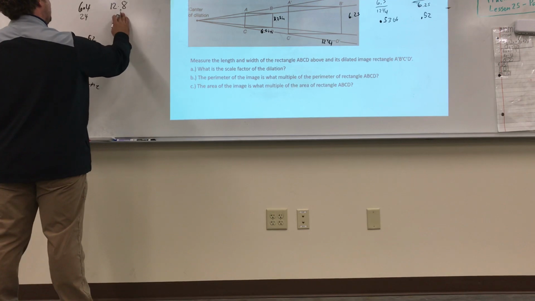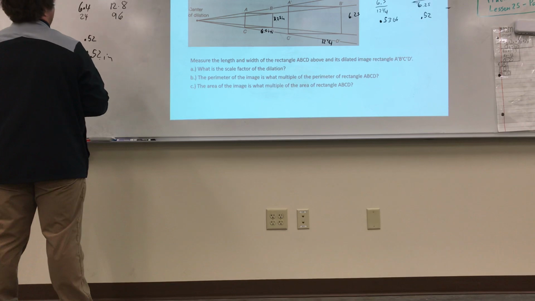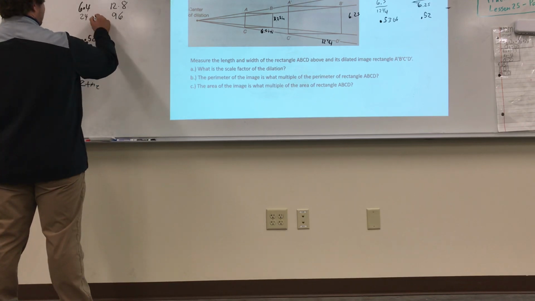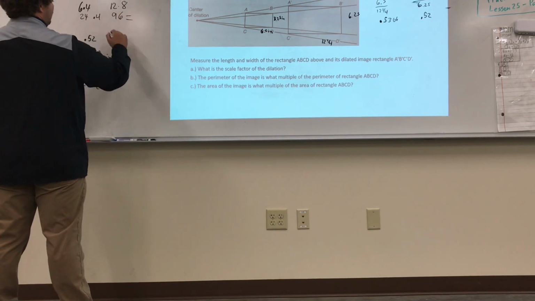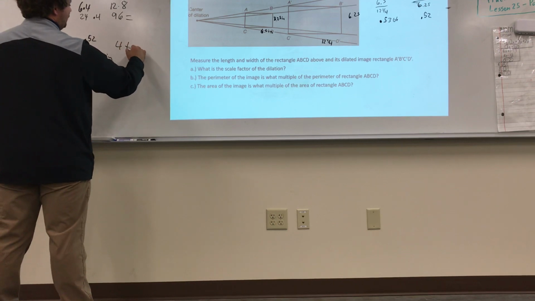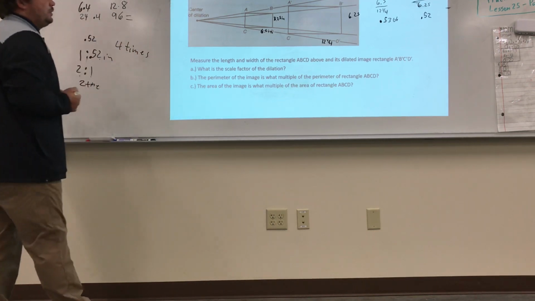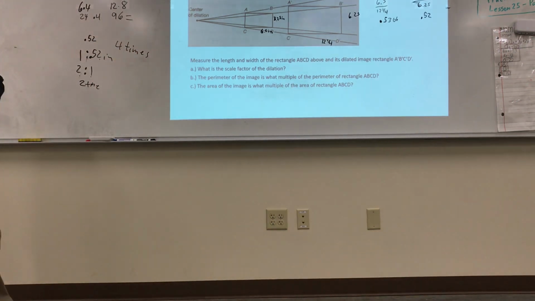This should have been 8, which then would be 96, which then this would be times 4, so on C it'd be 4 times. For some reason when I stretched mine, it does not work out perfectly.